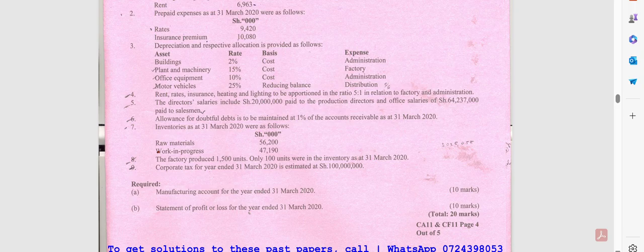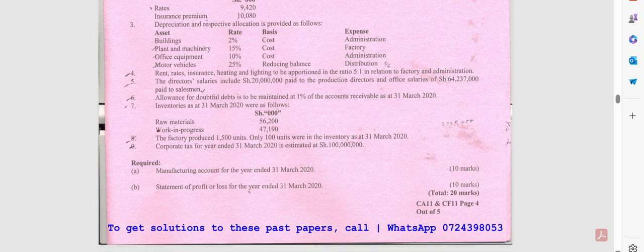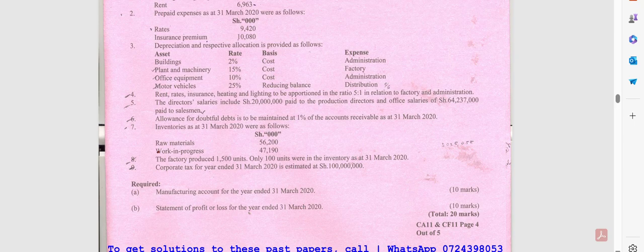Then we are required to prepare the manufacturing account for the year ending 31st March 2020, and then the income statement or the statement of profit or loss for the year ended 31st March 2020. We're also going to add the C part just for the sake of us learning. We're also going to add the statement of financial position. That will be a by the way, because you never know, the other exam may require you to prepare it.